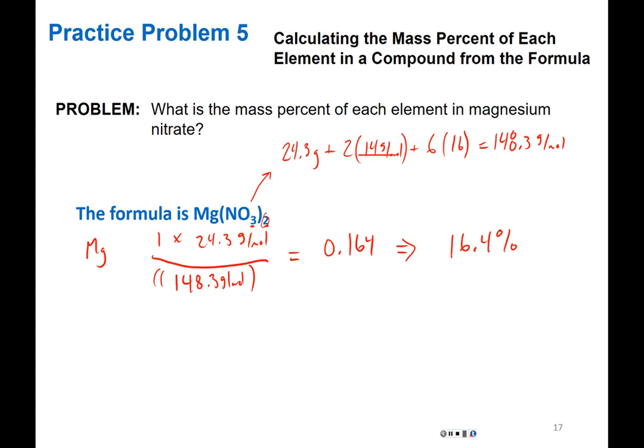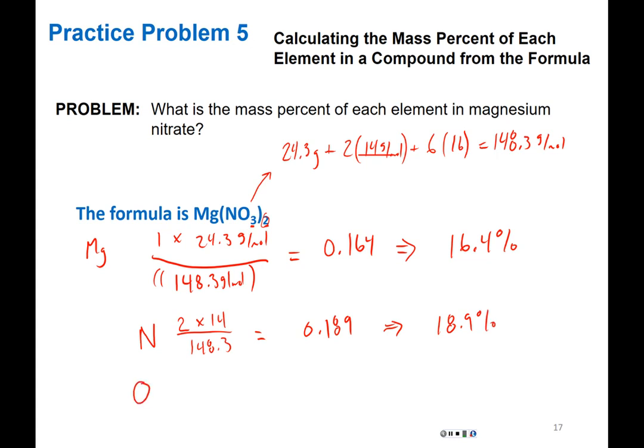Okay. If we do that for the other atoms, for nitrogen, we would have 2 times 14 grams per mole divided by 148.3, and we get 0.189 fraction, or 18.9%.